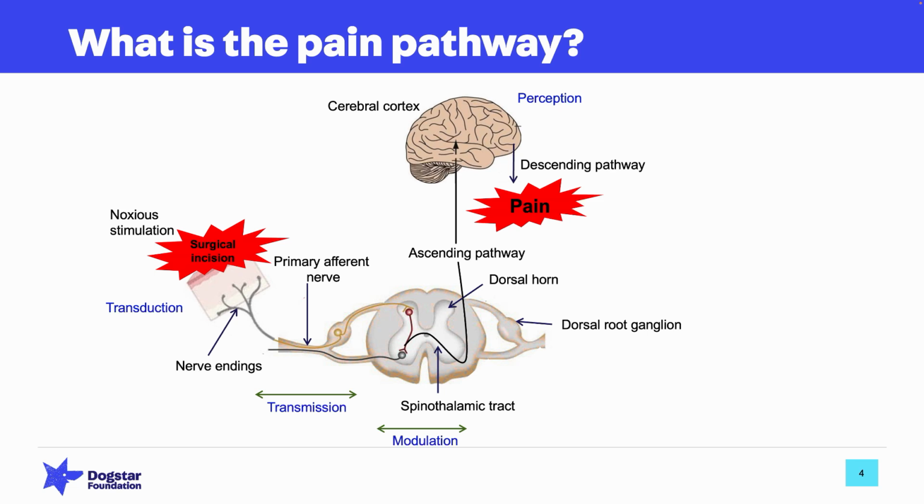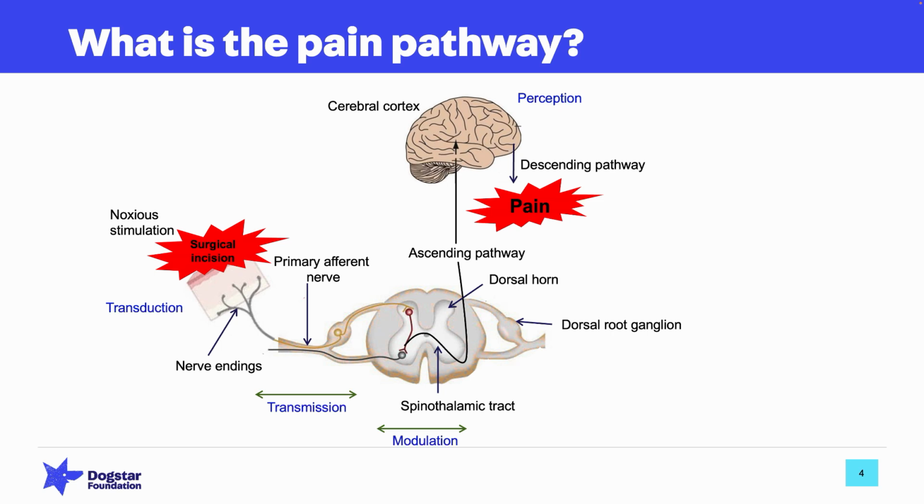Modulation occurs in the spinal cord where the pain signals can be amplified or reduced by factors like endorphins and neurotransmitters. In the ascending pathway, pain signals travel through relay stations in the brain and thalamus before reaching the cerebral cortex.